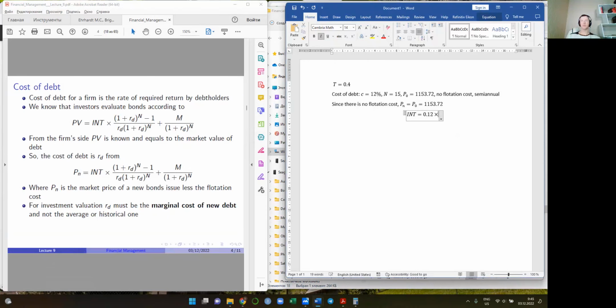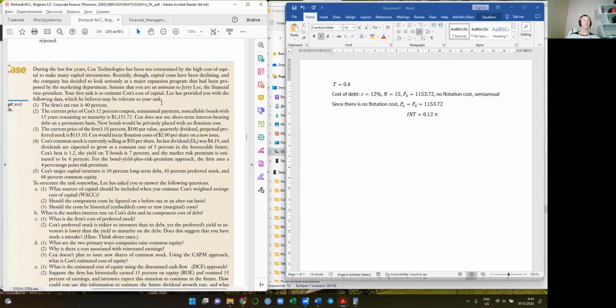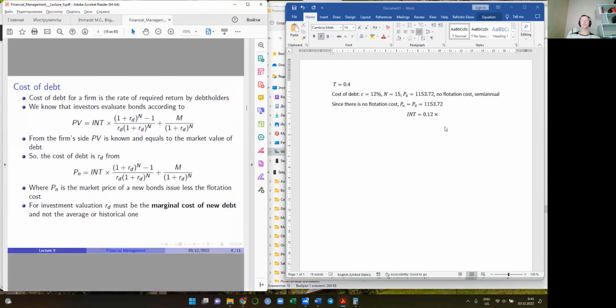multiplied by the face value. Do we know face value? Probably not, but I assume that it is 1000. Must be. Yeah, okay, so assume that M is 1000.